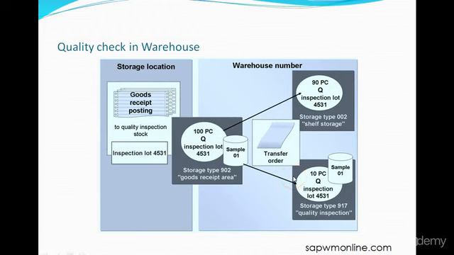Depending on our settings, it may be foreground or background, and you can choose how you want to process the material. So let's say we are doing a goods receipt for 100 pieces, the 90 that goes into the normal storage type would still have a status Q, and the 10, the sample lot that goes into the storage type 917, would again have the status Q.